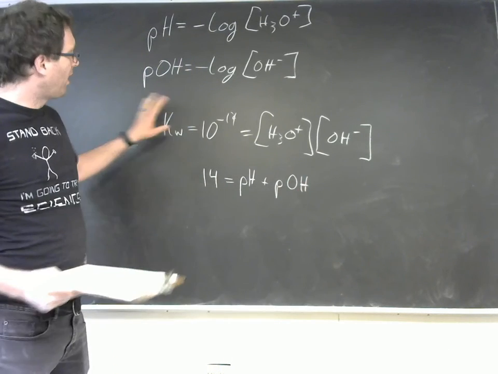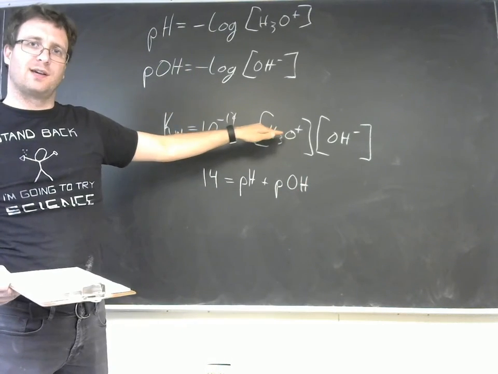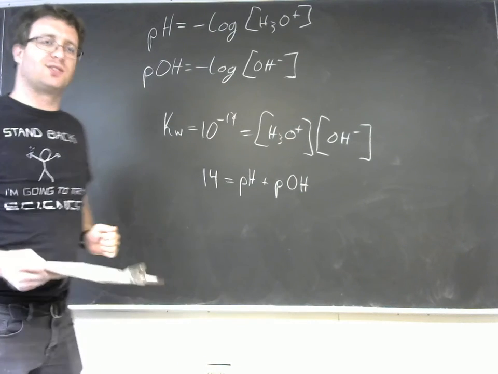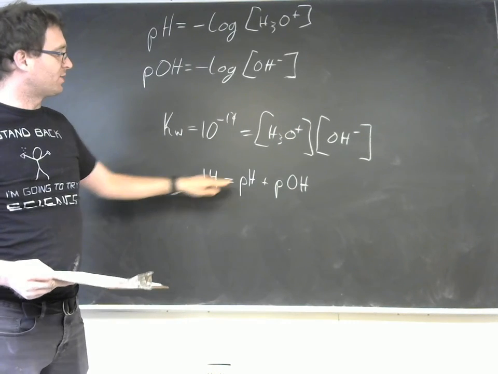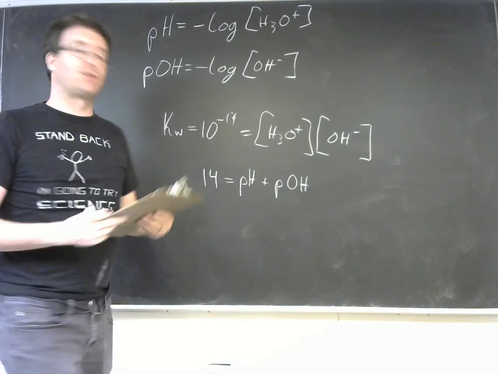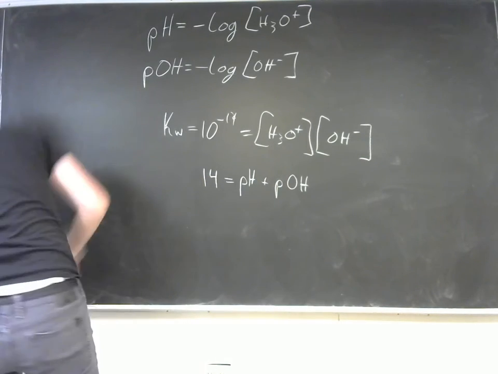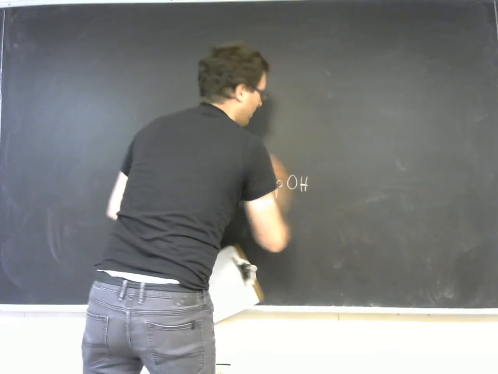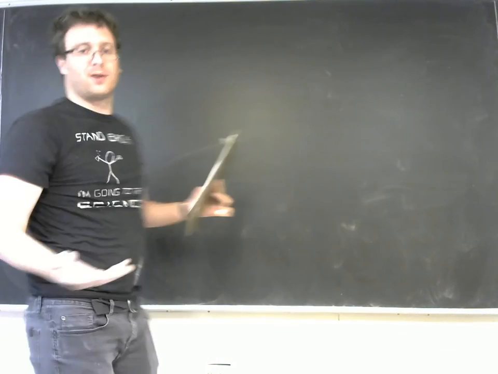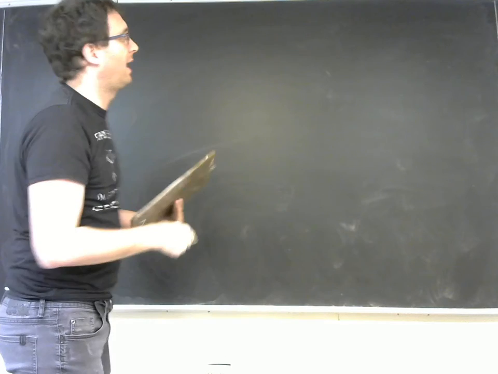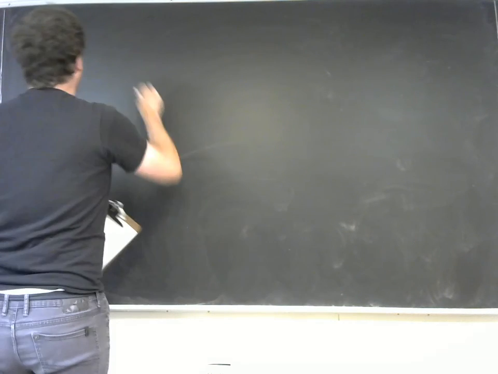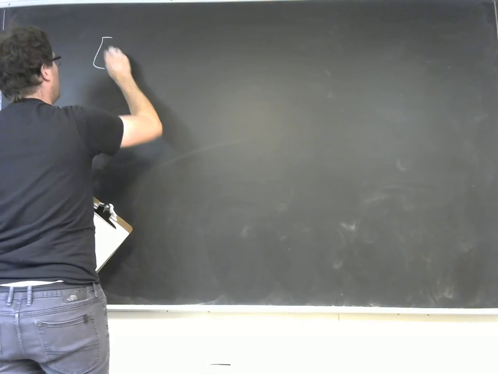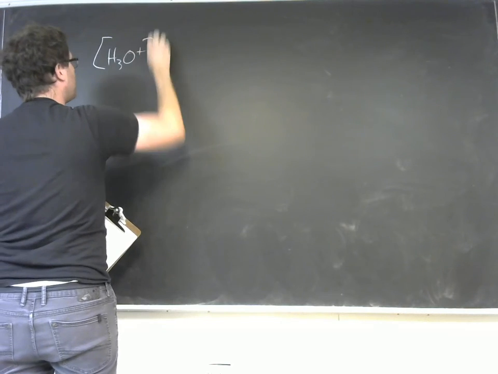So our Kw expression relates the H3O+ and OH- concentrations, and then here we can just relate the pH and the pOH directly. And what this does is it gives us a really convenient way to interconvert between all of these numbers for acid-base solutions.